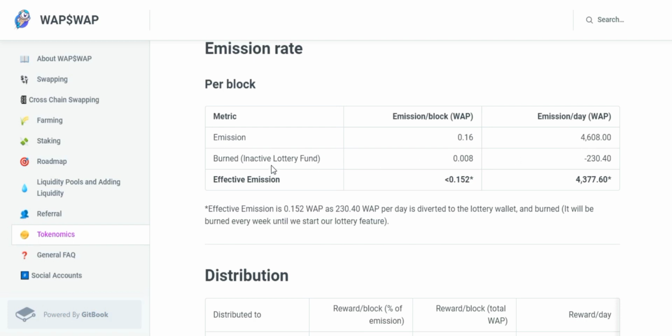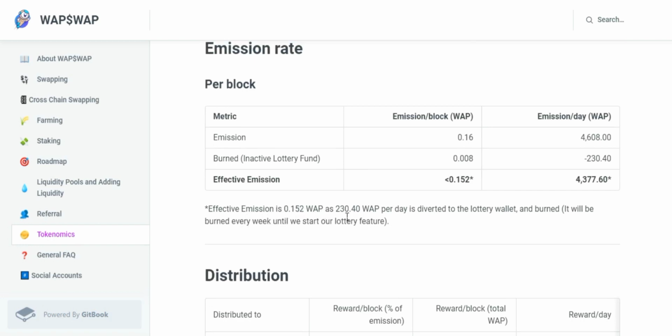Their burned or inactive lottery fund would be 0.008 per block, and emission per day would be 230.40. This eventually comes out with an effective emission of 0.152, and the emission per day would be 4,377.60.